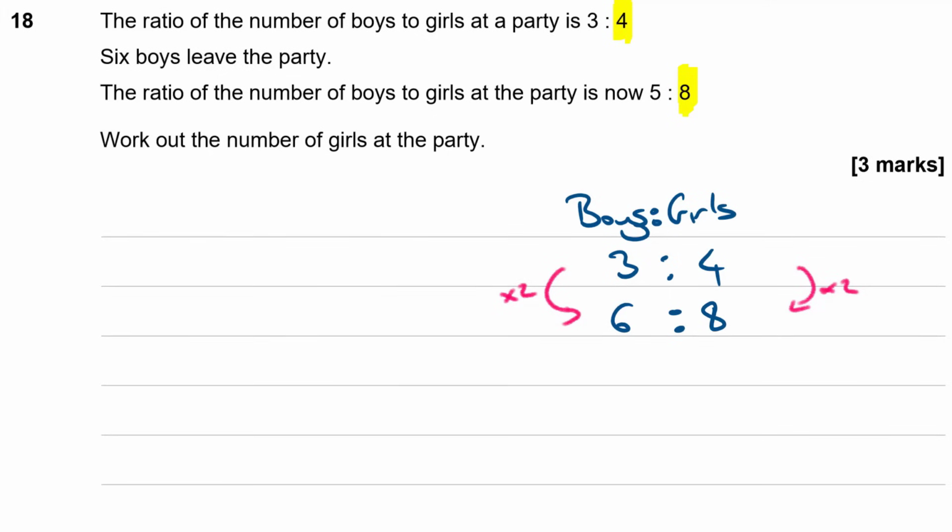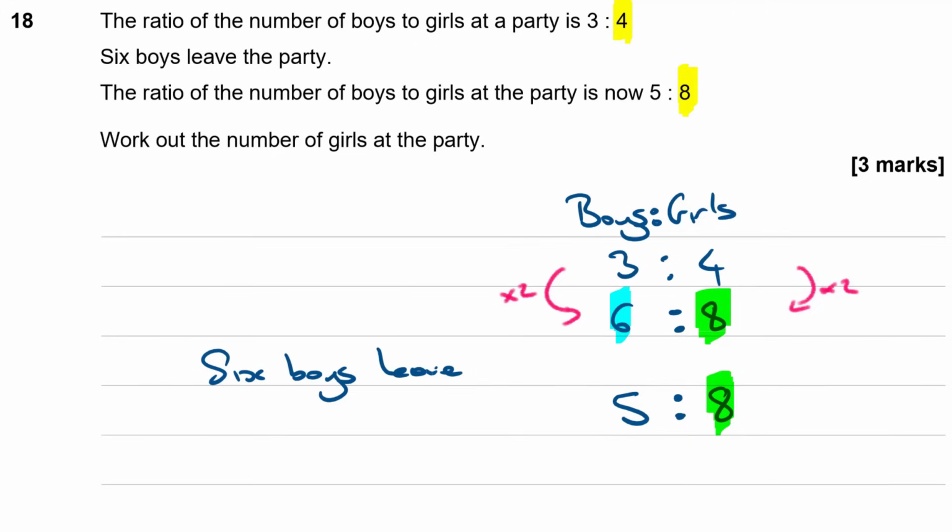Okay, so we're told that 6 boys leave the party. And then we've got a new ratio of boys to girls of 5 to 8. Now, notice that this 8 here and this 8 here are the same, so the number of shares for girls is the same, and the boys has gone from 6 to 5, so it's reduced by 1.